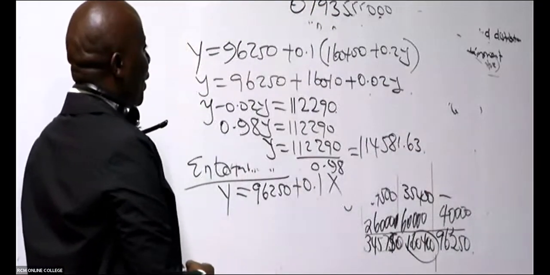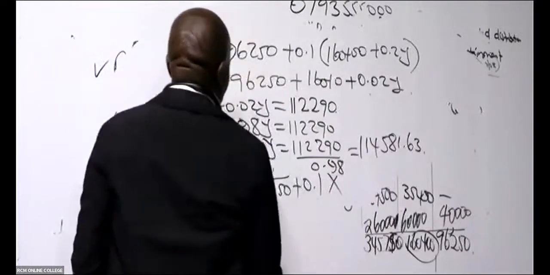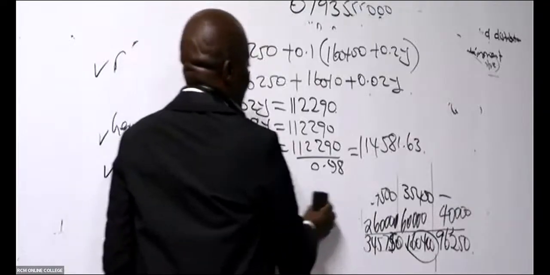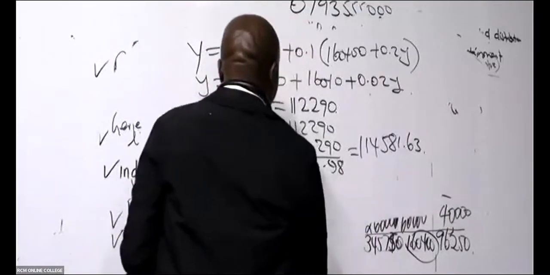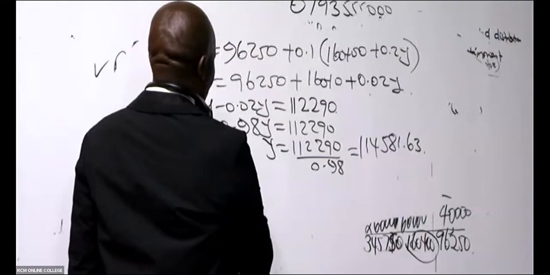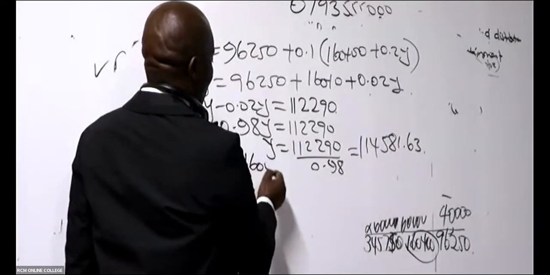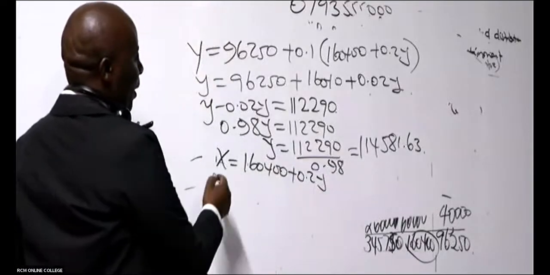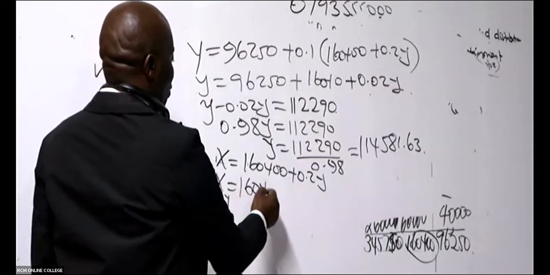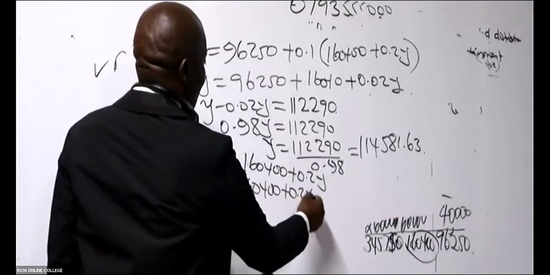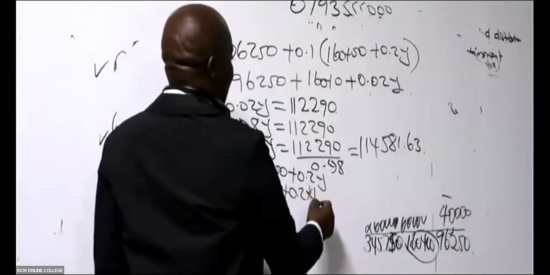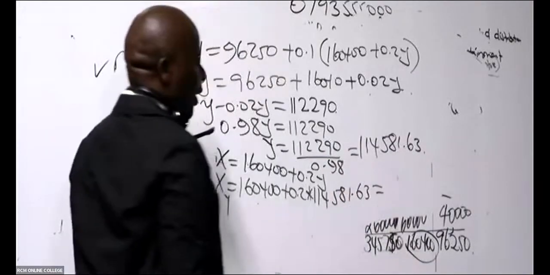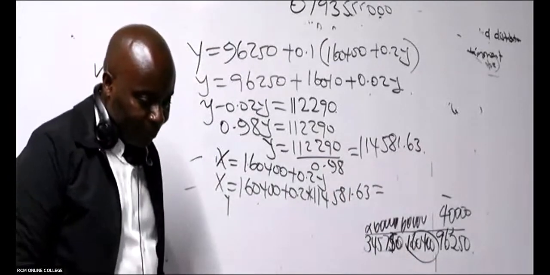Having gotten that, getting X is not a big deal, because I know that X is 160,400 plus 0.2Y. So X will be 160,400 plus 0.2 times Y, and our Y is 114,581.63, which will end up giving us what figure, ladies and gentlemen?